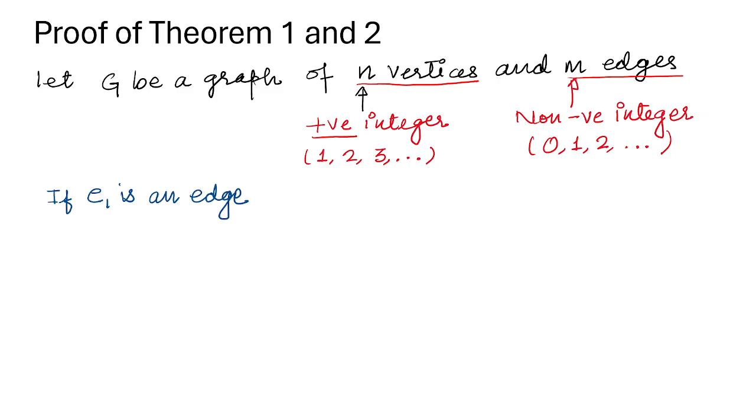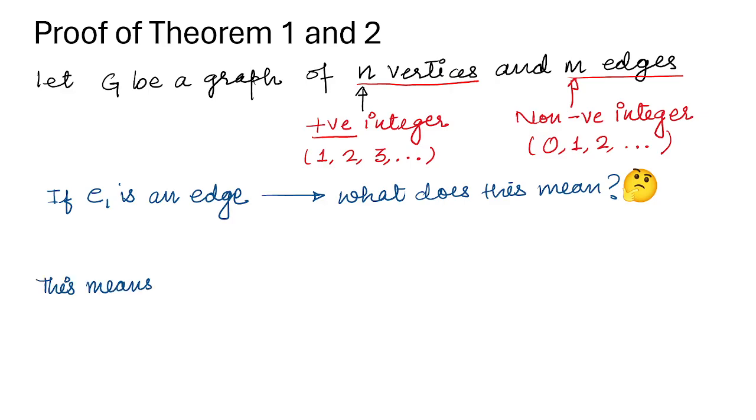Now in that particular graph, let's say e1 is an edge. Now the question is, what does it mean to have an edge? What is the meaning of an edge? In fact, you can think like this: when can an edge exist?